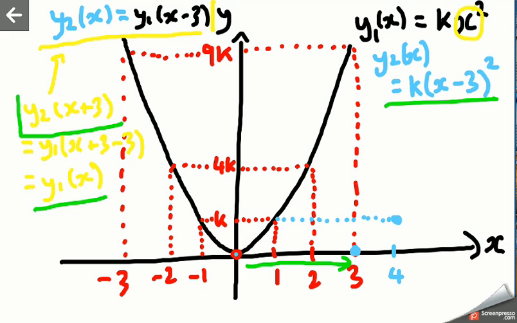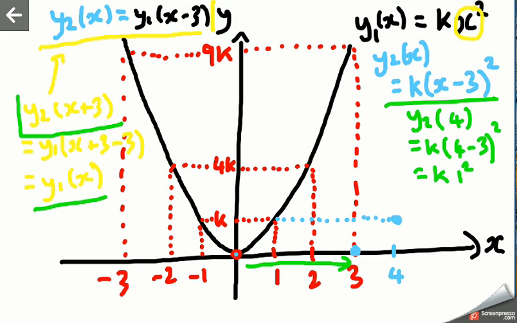Well, yes, I do, because y2 of 4 is equal to k times 4 minus 3 squared, and 4 minus 3 is 1. Remember, you do brackets first. So y2 of 4 is equal to k times 4 minus 3 squared, which is equal to k times 1 squared, which is equal to k, because 1 squared is just 1. So y2 of 4 does indeed equal k.